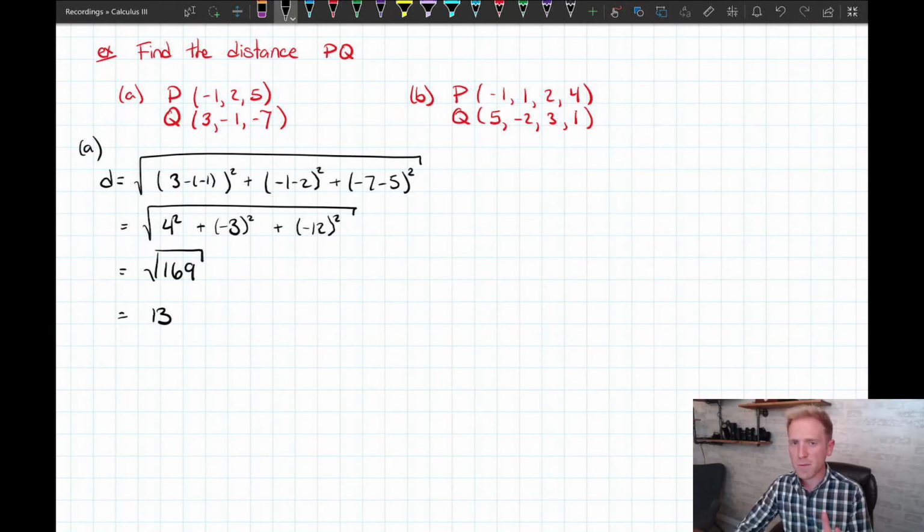Now, I use this example specifically because it's very rare to find that the distance between two integer points like this is an integer. You may remember from 2-dimensional space, a very common triangle is our 3, 4, 5 triangle. 3, 4, and then 5 on the hypotenuse. Well, in 3 dimensions, I'm actually using that triangle here again. The 3 and the 4 give a hypotenuse of 5.